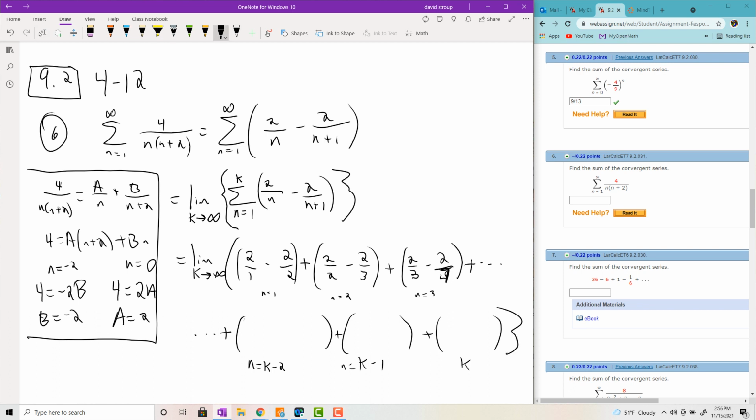All right, so k minus 2, I have 2 all over k minus 2 minus 2 all over k minus 2 plus 1 is k minus 1. Then 2 all over k minus 1 minus 2 over k minus 1 plus 1 is just k. And I'll have 2 all over k minus 2 all over k plus 1.